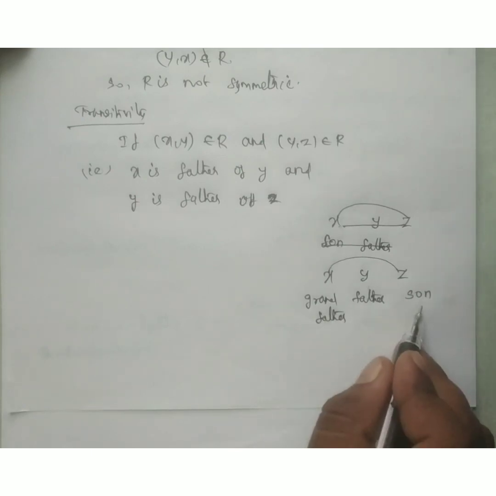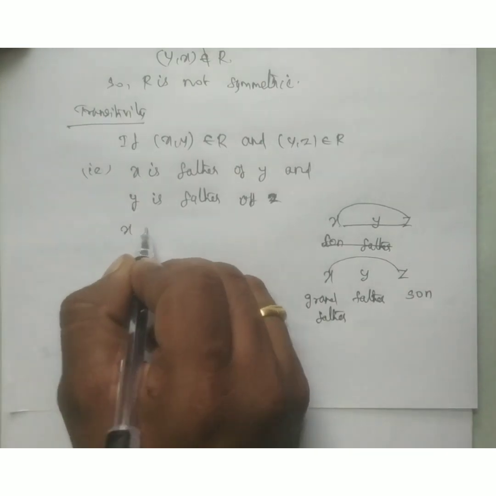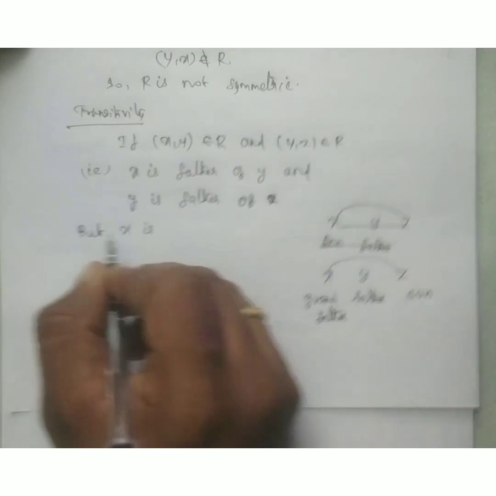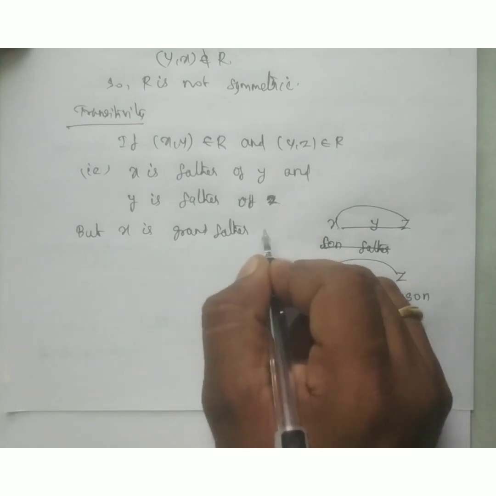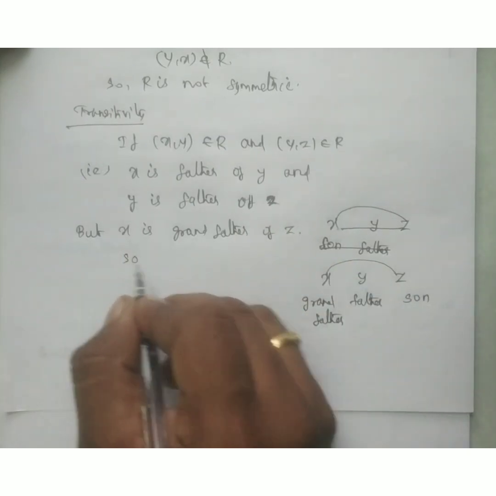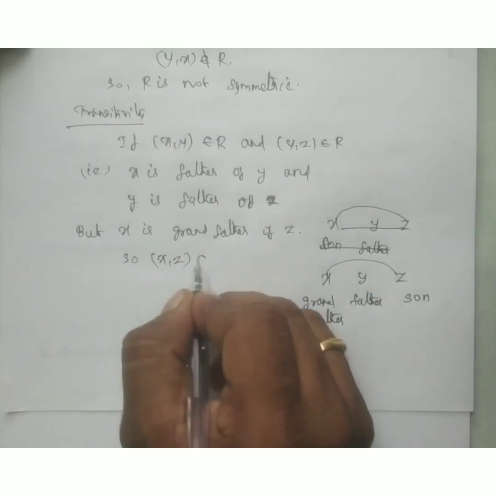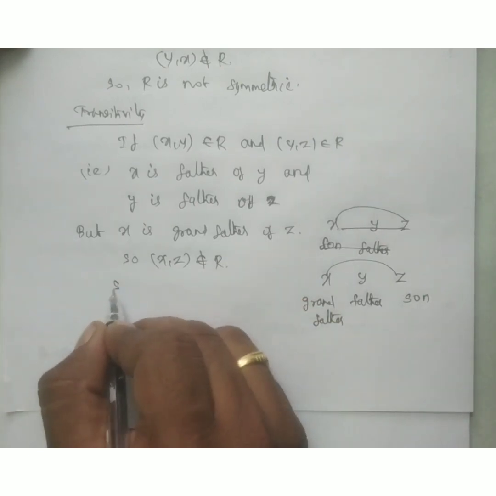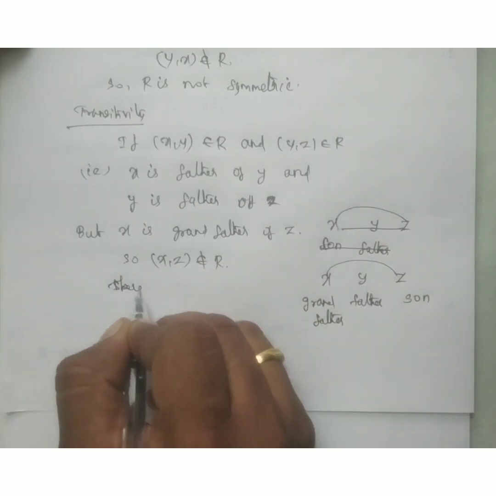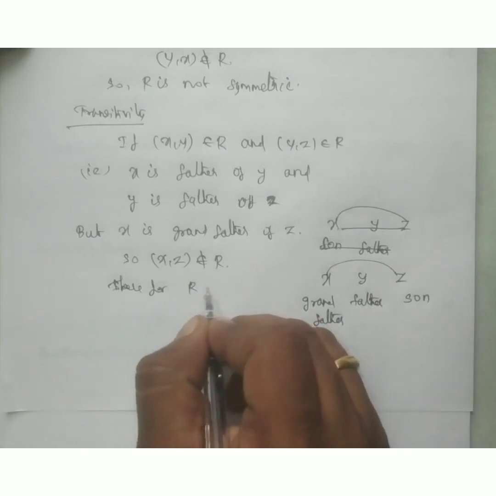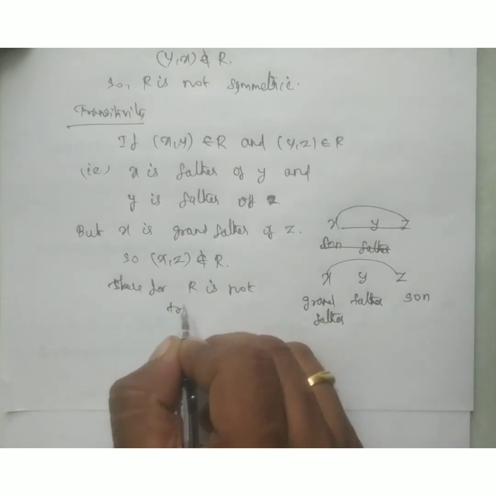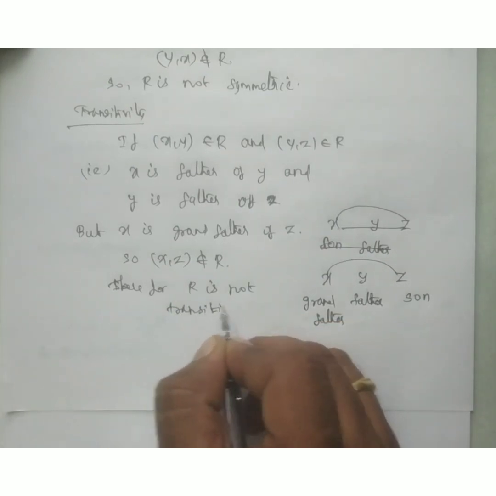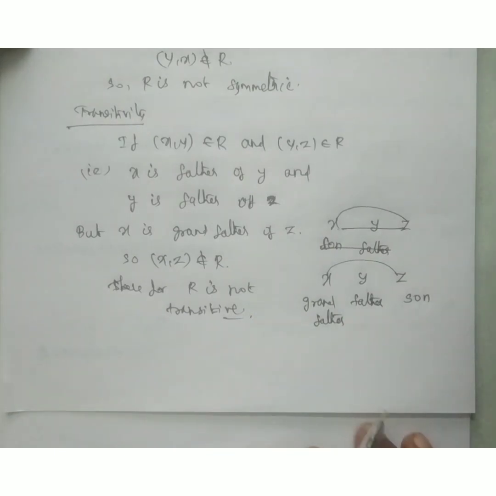X is grandfather of Z. So (X, Z) does not belong to R. Therefore R is not transitive. Clear?